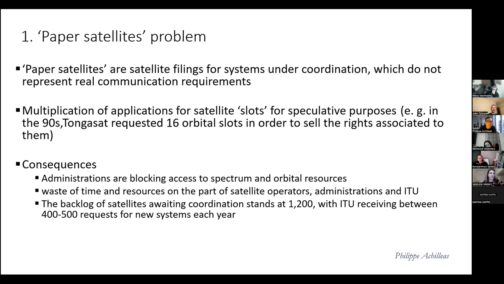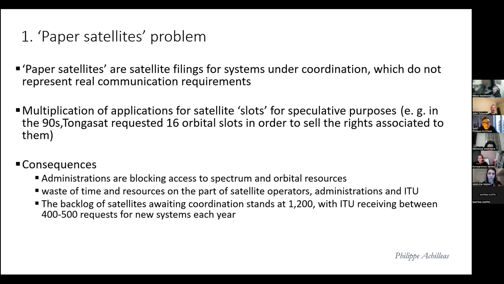And this happened for the very first time with the state of Tonga, which is an archipelago in the Pacific Ocean, a very small state. And in Tonga, a private company called TongaSat was established in the 90s and requested 16 orbital slots over the Pacific Ocean. But the idea was not to launch 16 satellites.